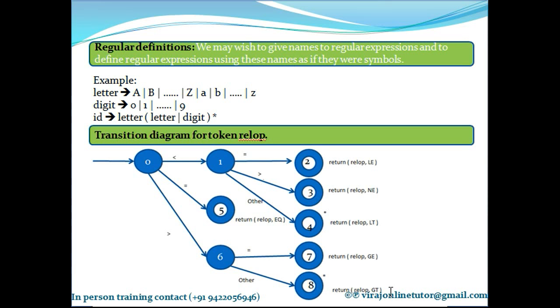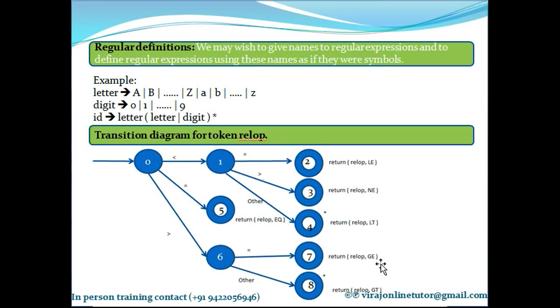Hence, along with giving the token relational operator, the lexical analyzer should also provide additional information called attribute, and that attribute is all that I have written here in my diagram. LE, NE, LT, GE, all these are examples of attribute values which the lexical analyzer passes to the parser so that it can give additional information as to which lexeme it has found.